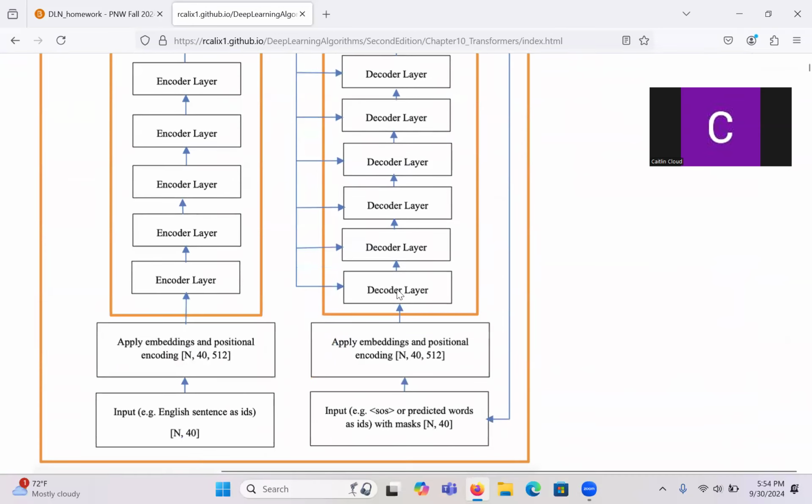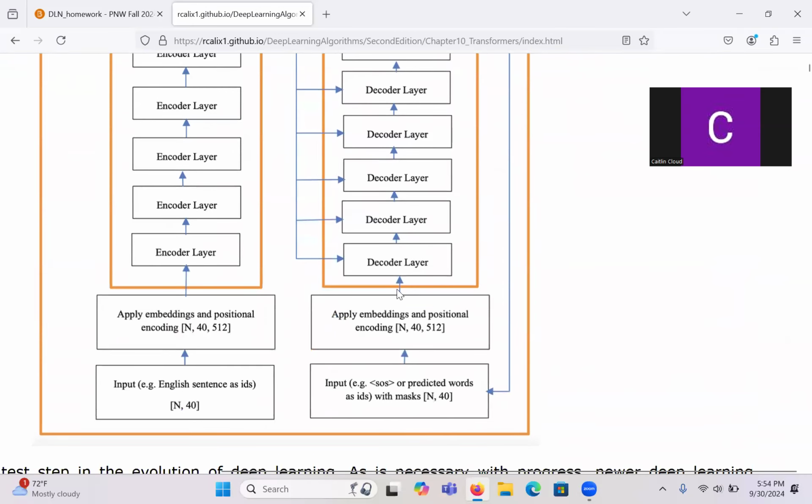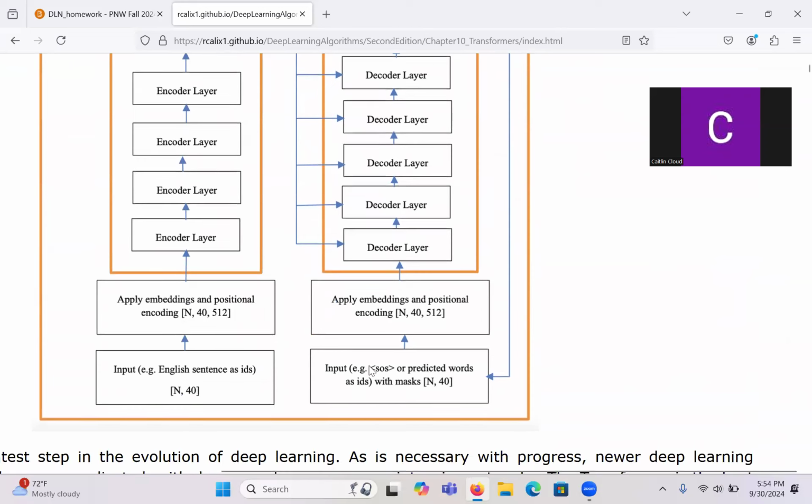This part over here is the decoder part, as it was made for transformers for language translation. In this case, we would give it, also notice, n by 40, which would be the predicted words. So this is where it gets a little bit confusing sometimes, right? Everyone will say, as Omer said, right?